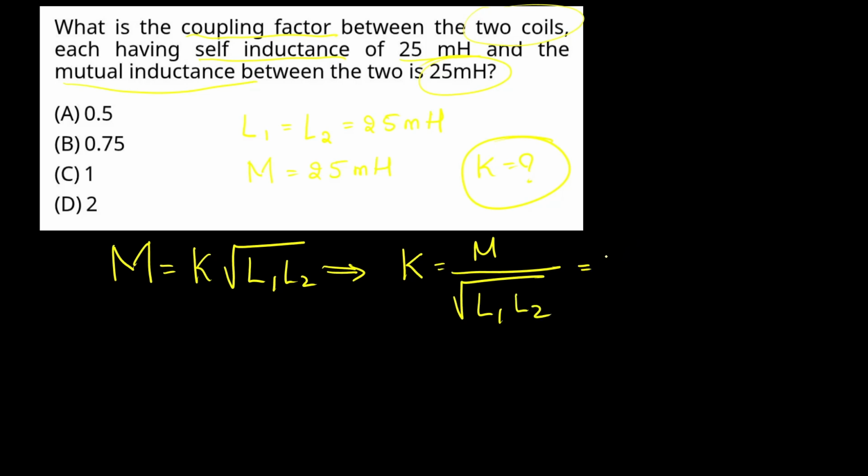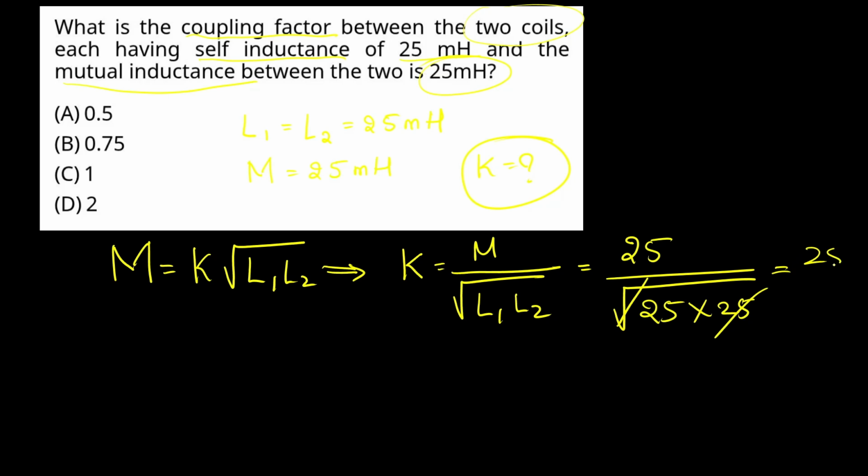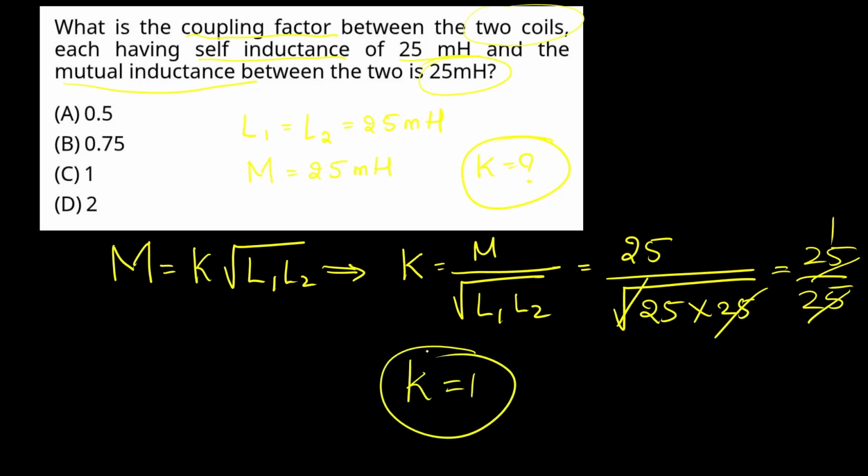The mutual inductance is 25 millihenries, all are in millihenries so we can neglect that, and under root of 25 times 25 cancels with the root, so it is 25 divided by 25. So the coupling factor is equal to 1. Option C is the correct answer.